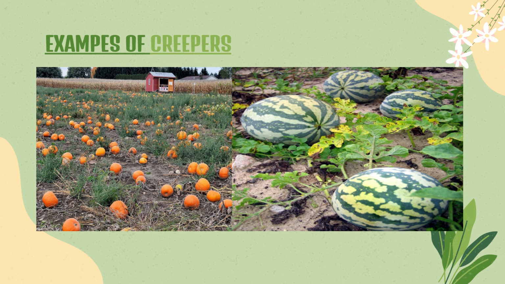It also has a weak stem as you can see. It also has many branches and all because it has a very heavy fruit, so it is always spread along the ground. So such kind of plants are called creepers which cannot climb, which cannot stand straight, but they spread over the ground.